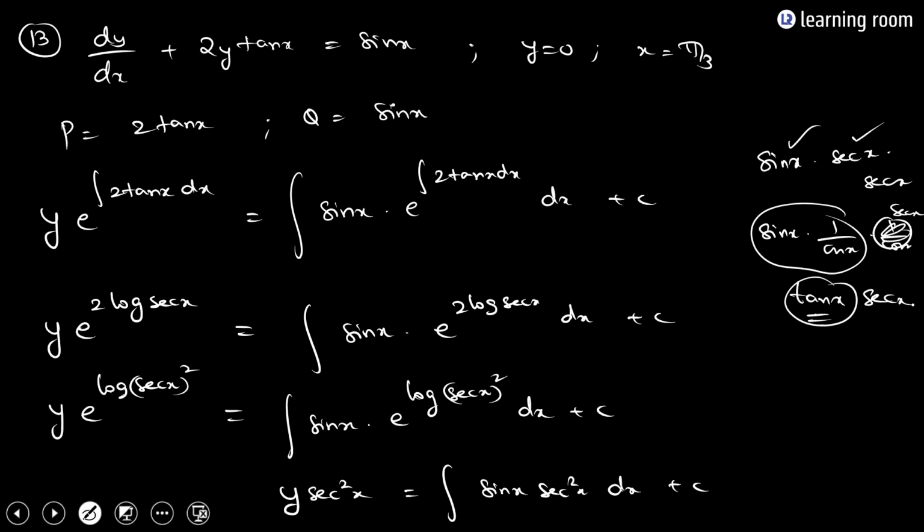So what will you get? Solution: y into secant square x is equal to secant x plus c.